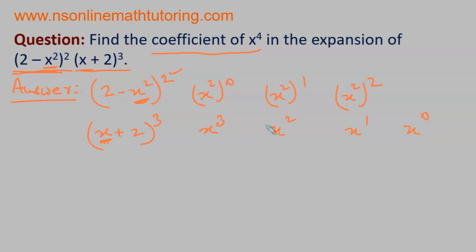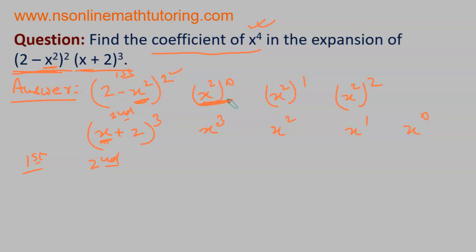Now we have to see how we come to x to the power of 4. This is the first expression and this is the second expression. Okay. So we take the first expression. If we take this x square raised to the power of 0, this is a constant term. For this term, we will not be having any x.